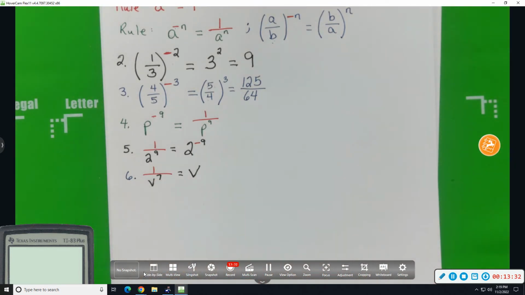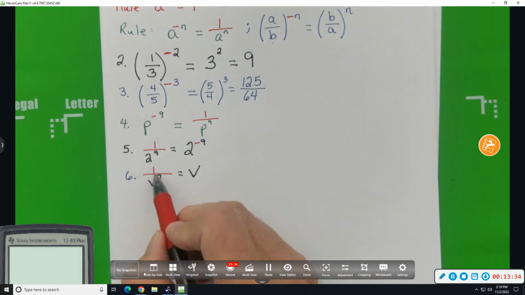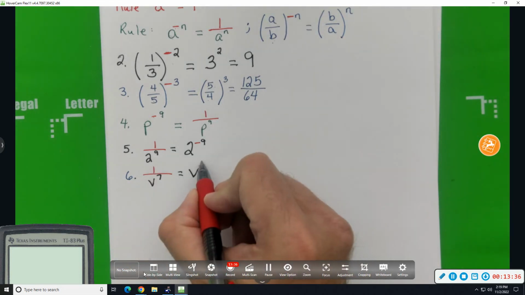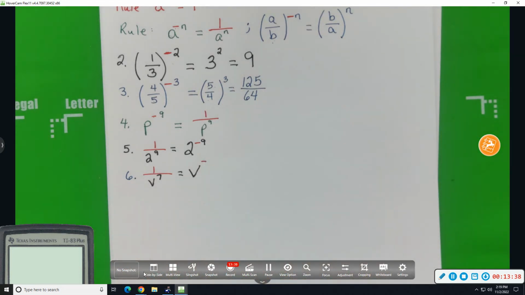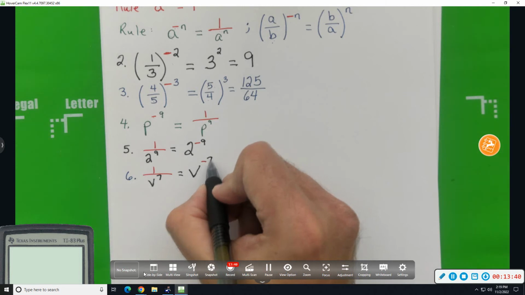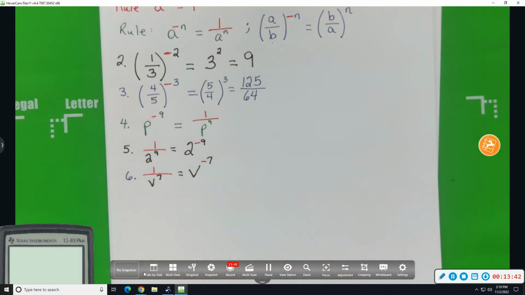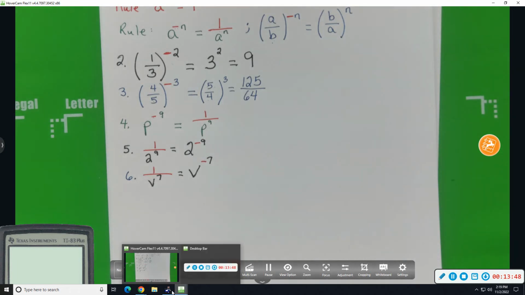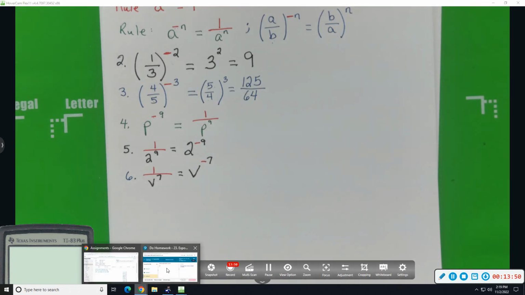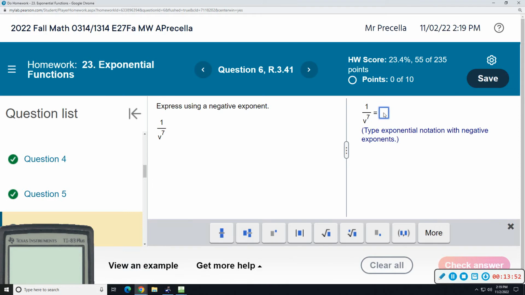How do I rewrite it? Well, to get rid of the 1 over, just make the exponent negative. So v to the negative 7th. v raised to the negative 7th power.